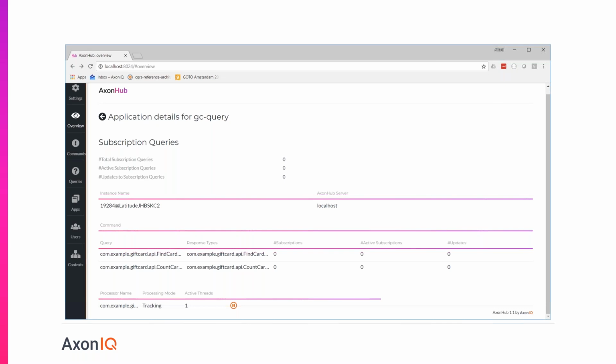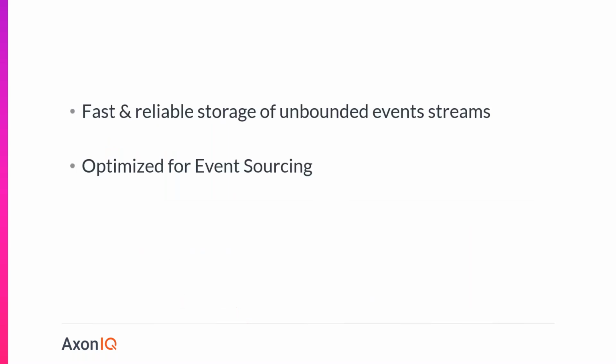You can also see it has a tracking processor active, at the bottom of the screen, and we can pause that processor if we want to. Why would you want to do that? Well, maybe you want to balance the load to other nodes instead, so you can pause it on one machine so that another machine can take over processing for that segment.